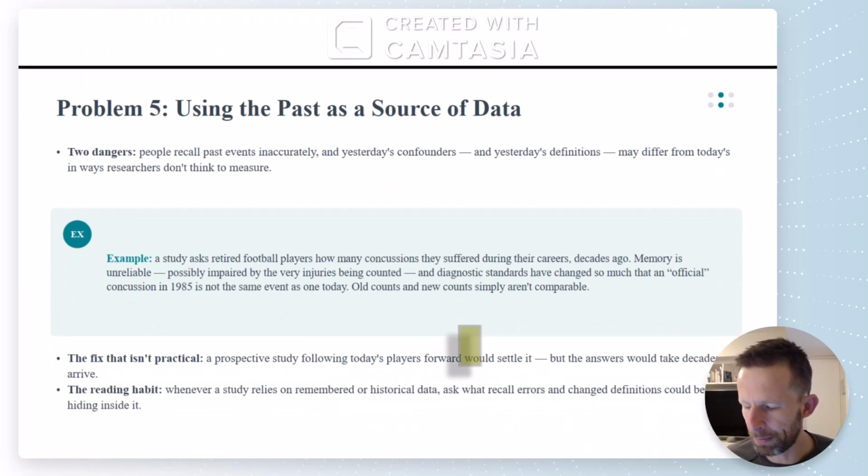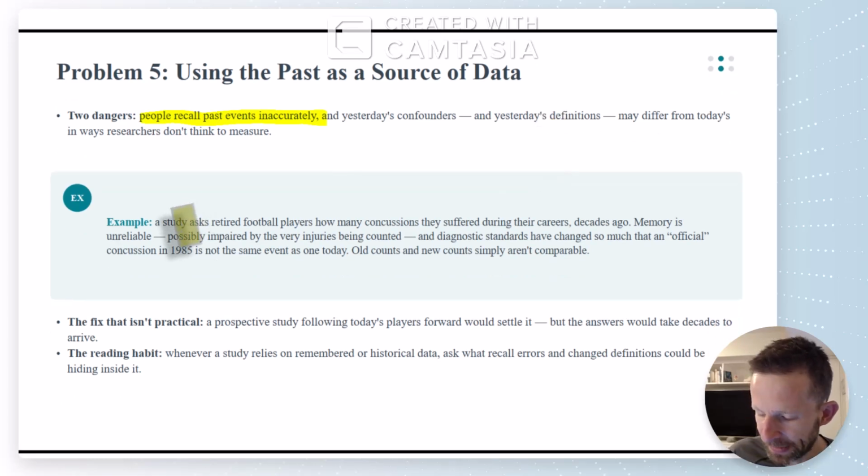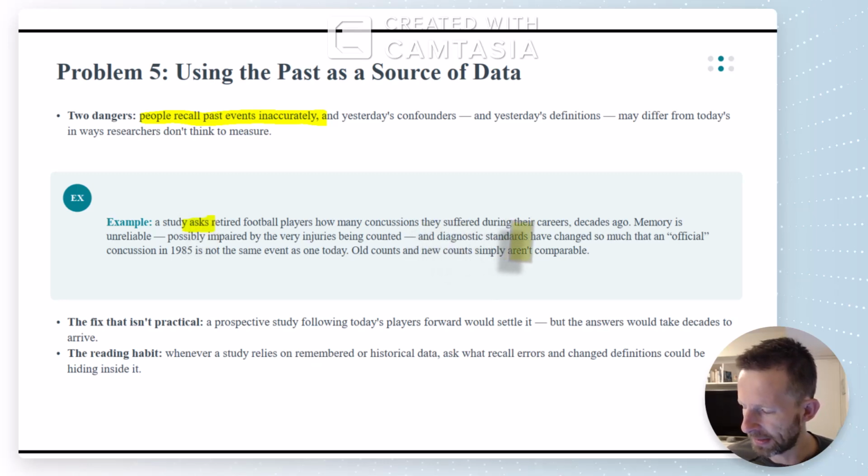Problem number 5, using the past as a source of data. Two dangers: people recall past events inaccurately. That's a big one. And yesterday's confounders and yesterday's definitions may differ from today's in ways researchers don't think to measure. For example, a study asked retired football players how many concussions they suffered during their careers many decades ago. Memory is unreliable, especially if you've had some concussions, and the diagnostic standards have changed so much that an official concussion in 1985 is not the same as the event today.